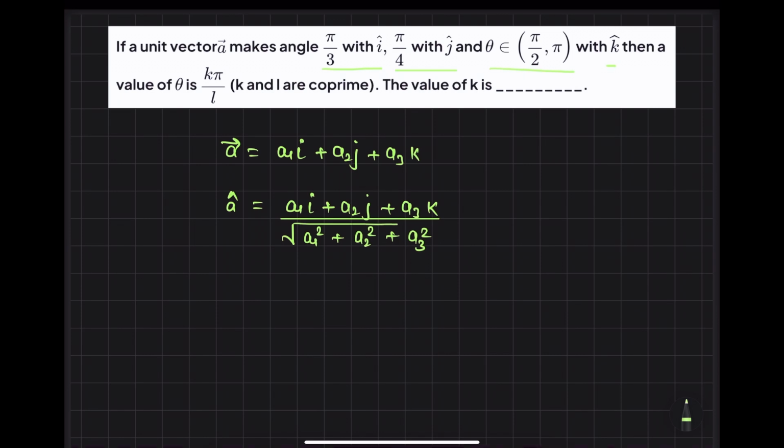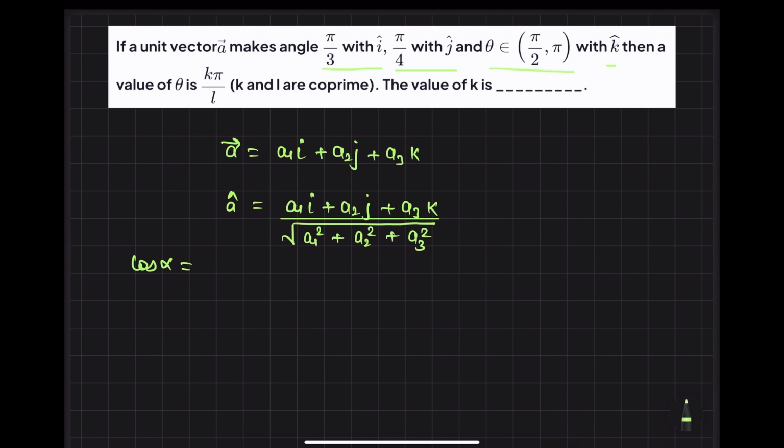So this is our unit vector, and the components of the unit vector give the angles made by the vector A with the x-axis, y-axis, and z-axis. We call it cos alpha, cosine.